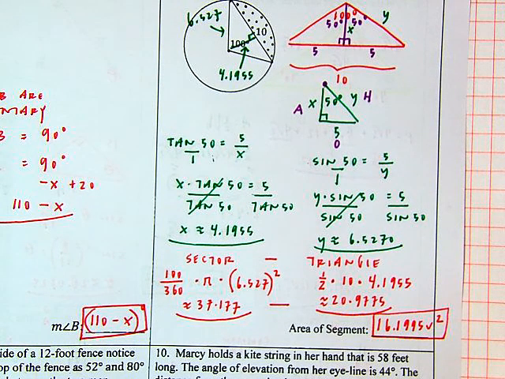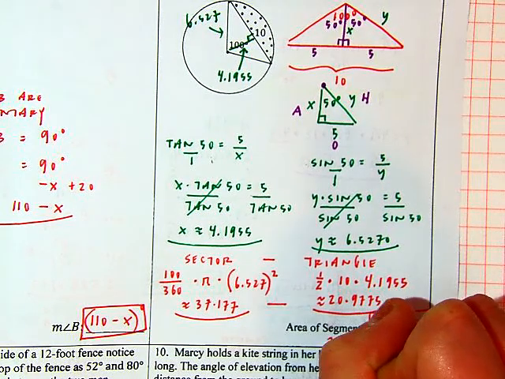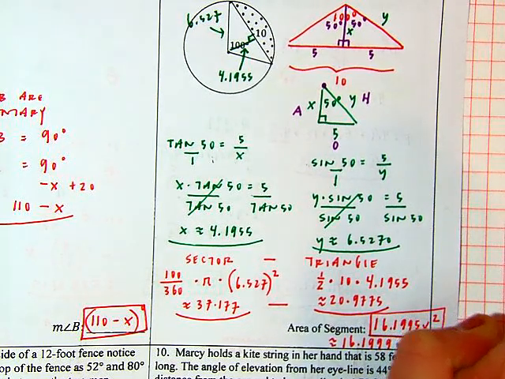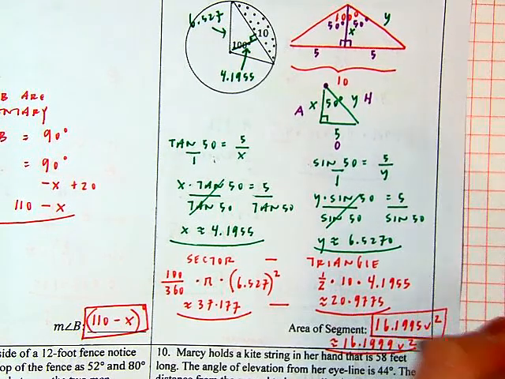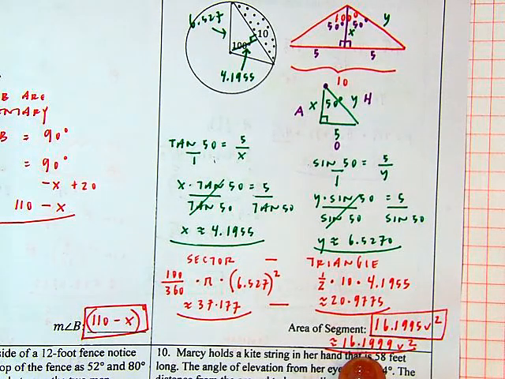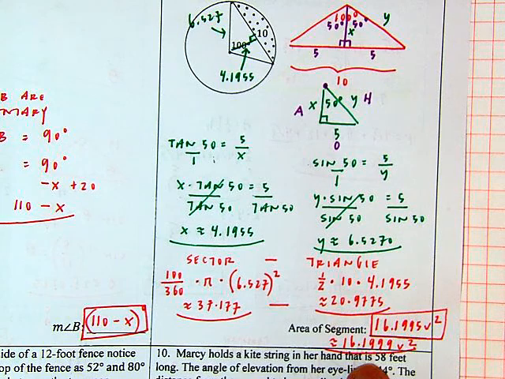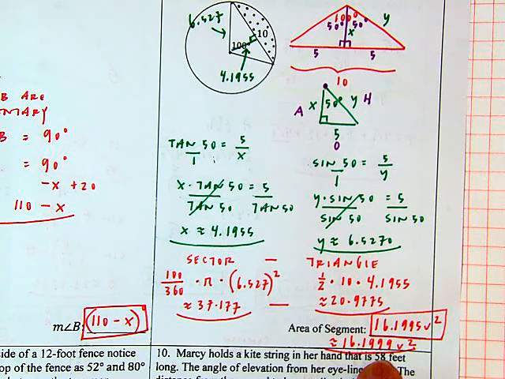I've rounded to 4 decimal spots. If I had kept everything in its original format in the calculator and I didn't round until the very end, that would have given me about 16.1999 units squared. This would have been the more precise answer right here. But again, it doesn't matter to me. These are both close enough. They're very close anyways.